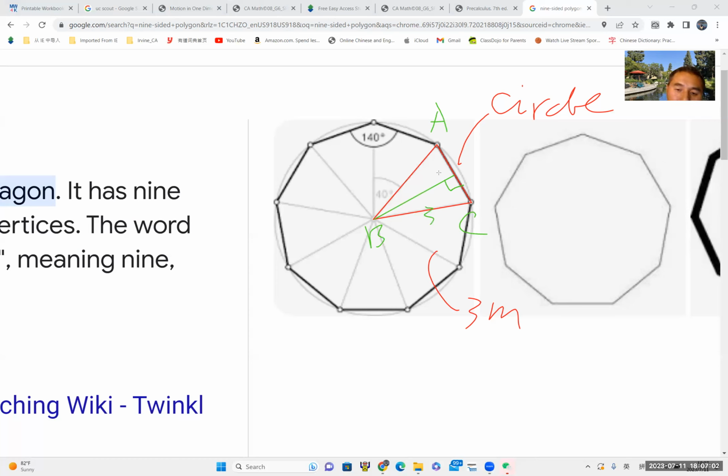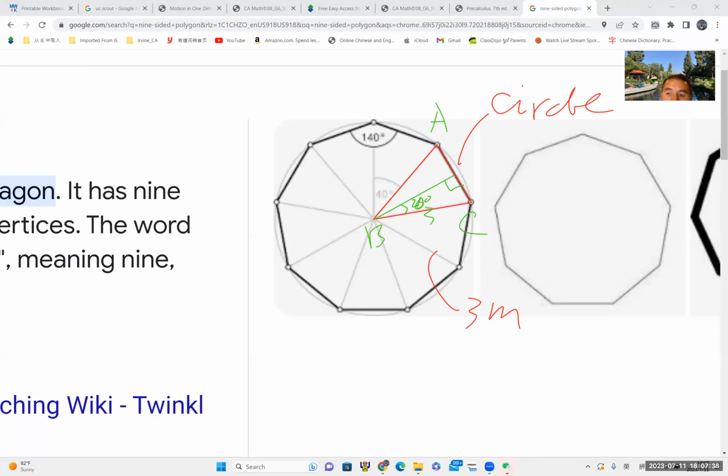Each angle is 40 degrees, so half of it is 20 degree, right? Now, can you calculate the area for triangle ABC? Please do it. First, don't use the calculator. Just express your answer in trigonometric ratio.